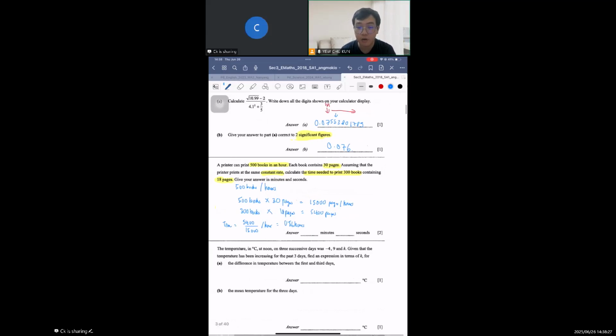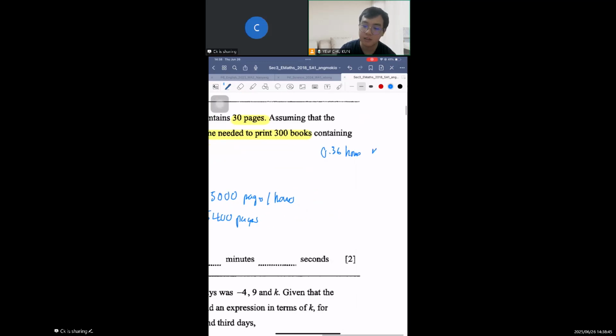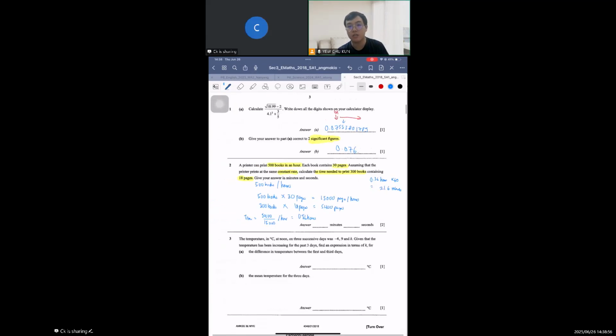And lastly, we convert the hours to minutes and seconds. So how to convert 0.36 hours? We're going to times 60. It becomes minutes, and we get 21.6 minutes. But the question wants the answer in terms of minutes and seconds.